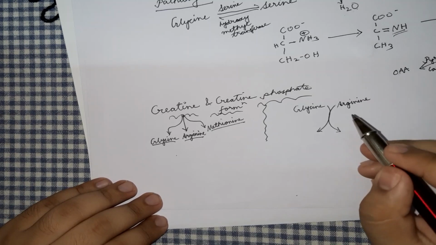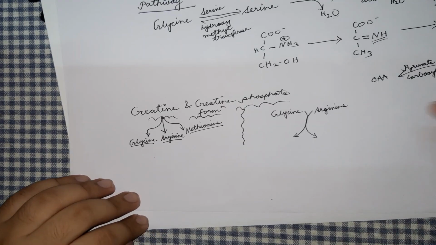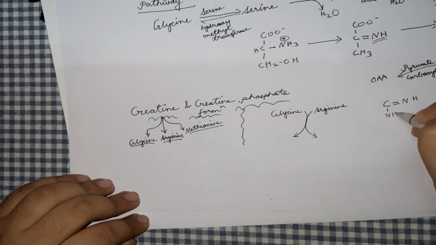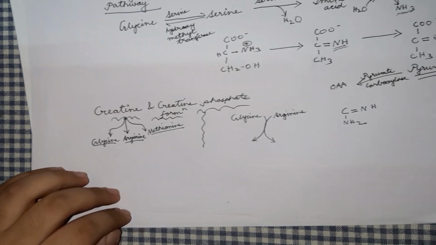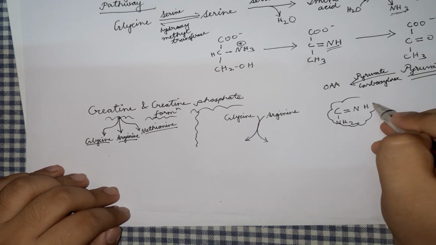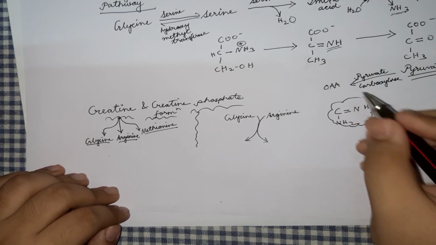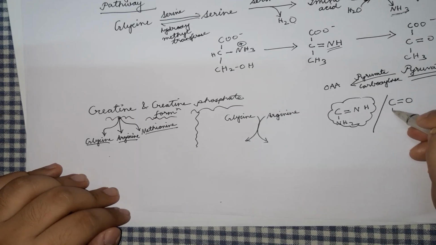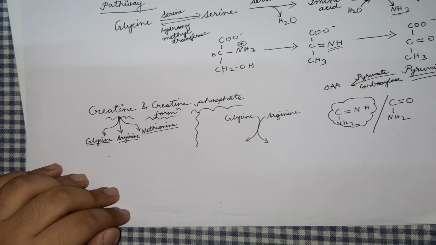Now, arginine has a group. What group is that? It is C double bond NH, NH2. I would like you to contrast this group with another group, C double bonded O NH2.